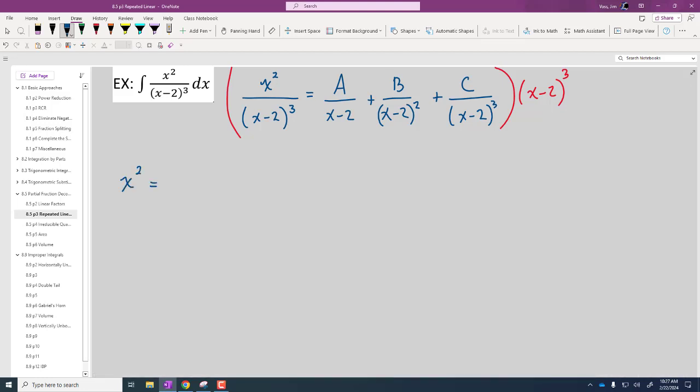On the right, a multiplied by x minus 2 quantity squared, because one of the x minus 2's will cancel. And then we multiply it by the b fraction, and 2 of them cancel, and then we multiply it by the c fraction, and they all cancel. Yes. Okay.